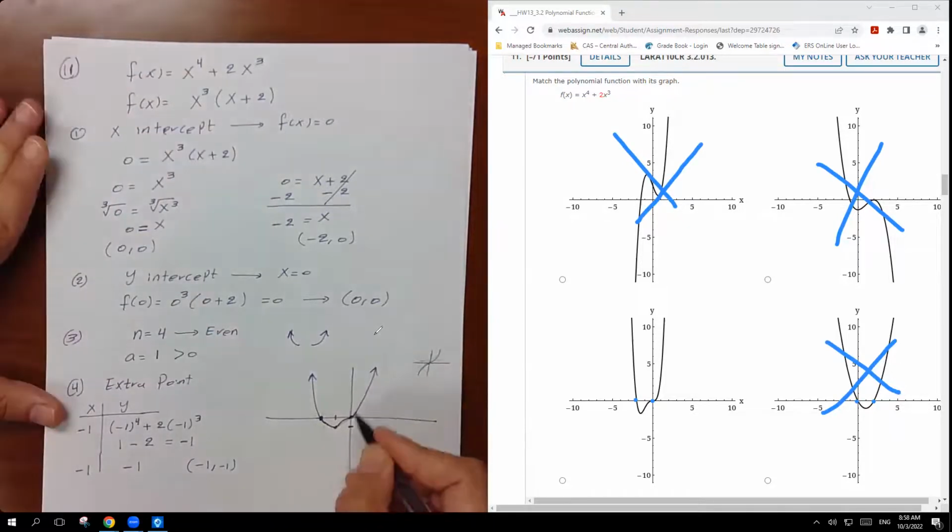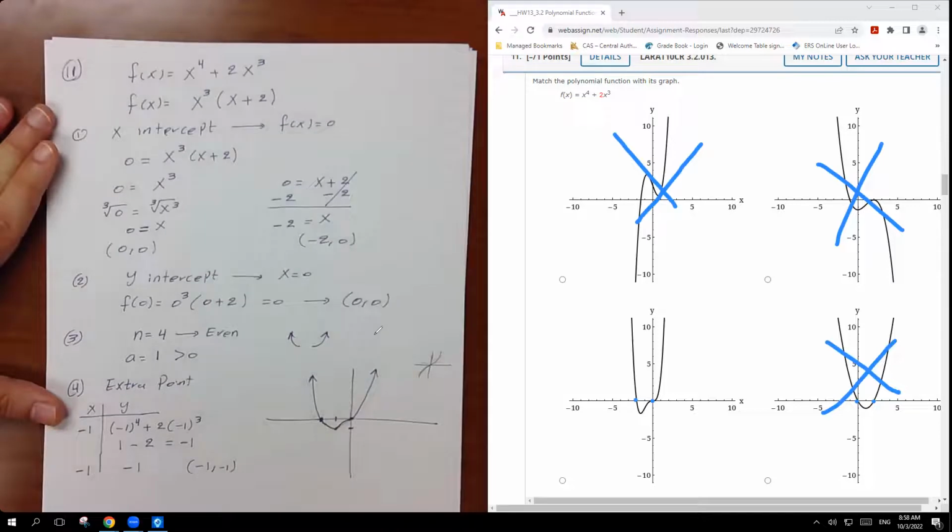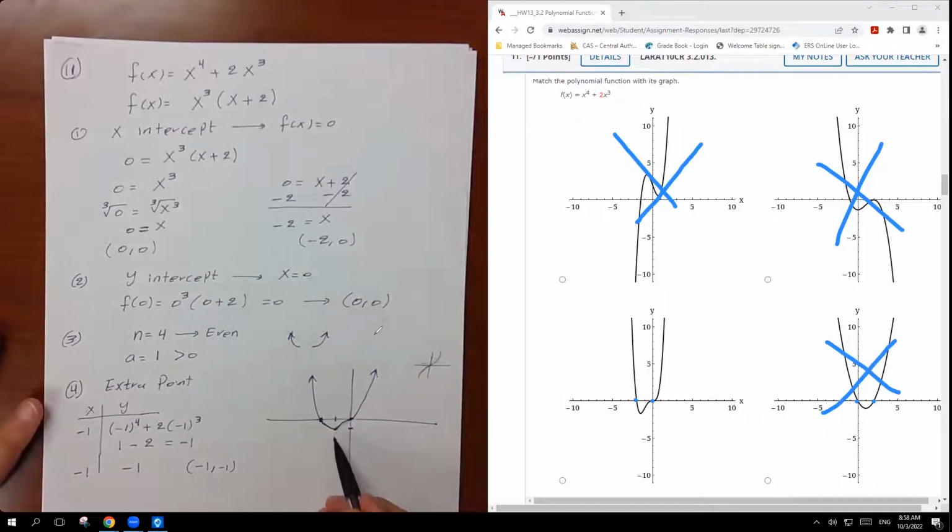So that's why it looks like this. But the graph steps here and goes back up again. So that's how we're going to graph it. But again, if you have the graph, you just have to match the points and check the end behavior of the graph, which is the left and the right side, and you're going to choose which one is the right one.